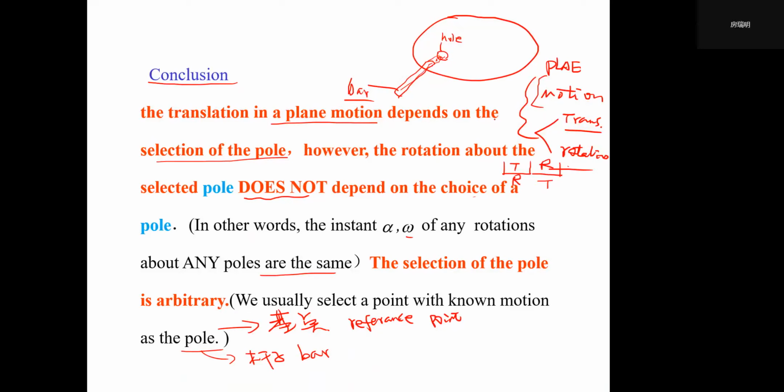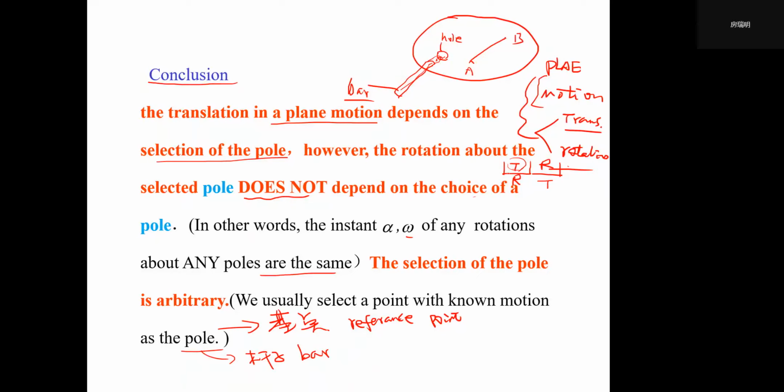So we can imagine the translation is happening. That means this figure will move its position but keep its orientation. We can select AB as a reference, because during this translational component the orientation of AB will always stay the same as the original. Then this bar has to move with this figure.